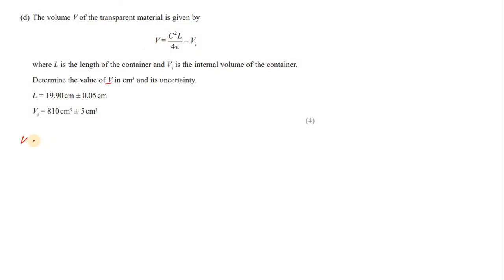So V would be equal to C square, and C is 25.1. So 25.1 square into L. L is the length, 19.9, divided by 4 pi, minus VI. VI is 810.